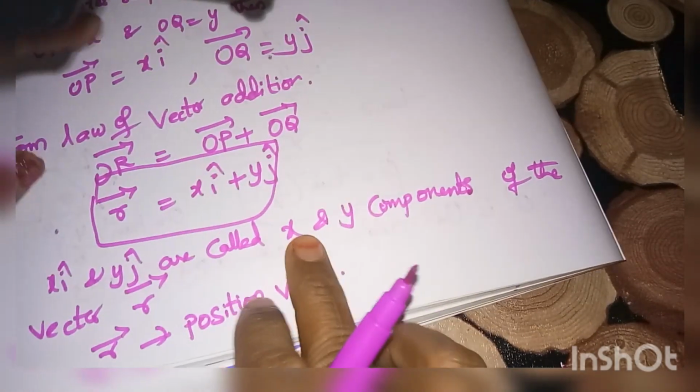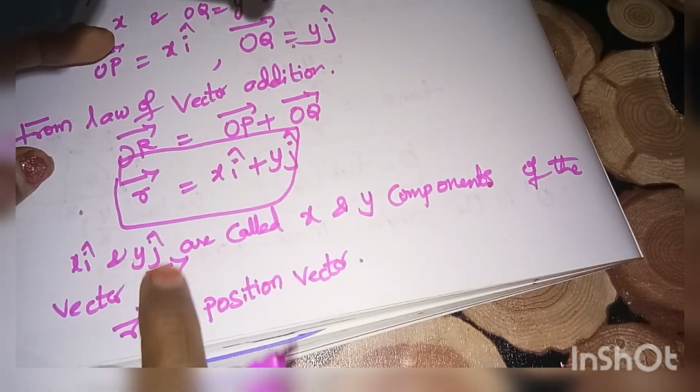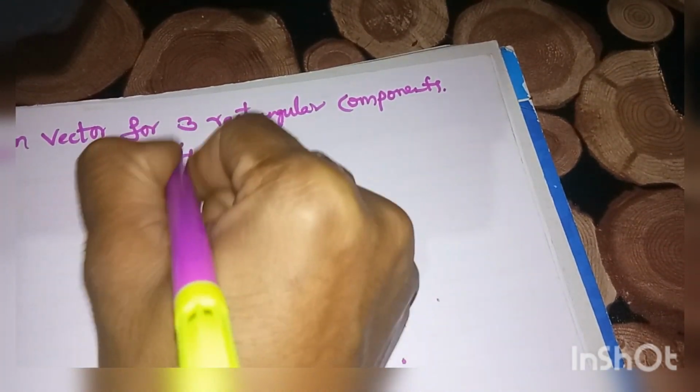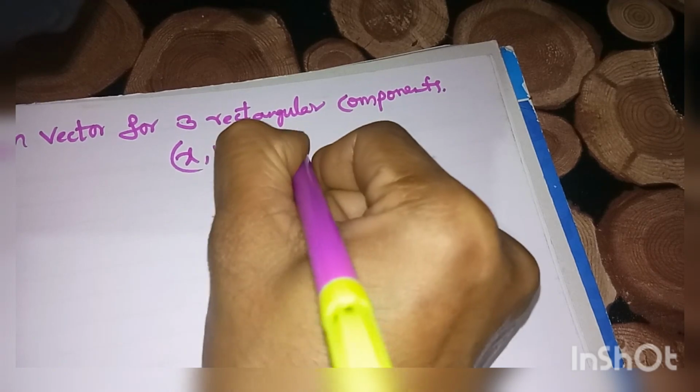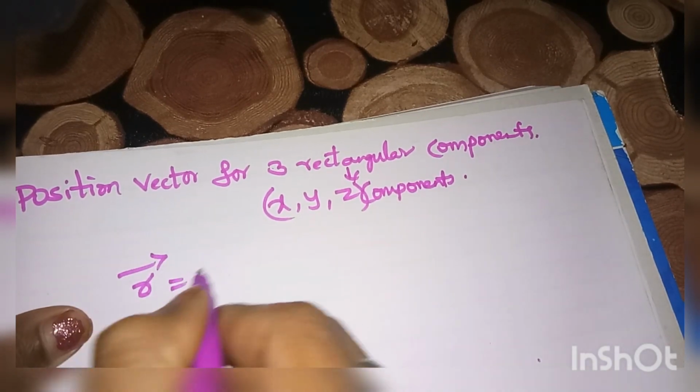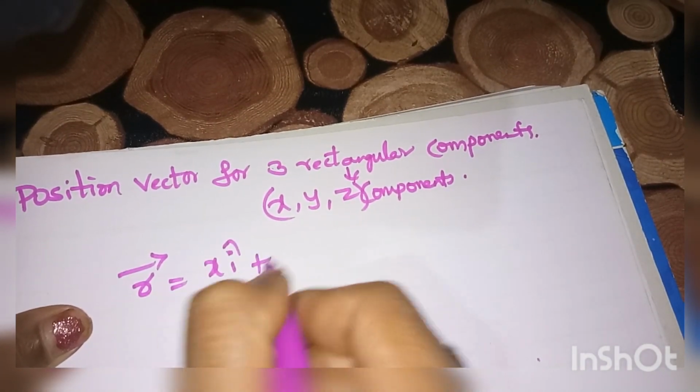So here, the x component and y component are x i cap and y j cap. Here three rectangular components means x, y, z components. So that can be written as R bar equals x i cap plus y j cap.